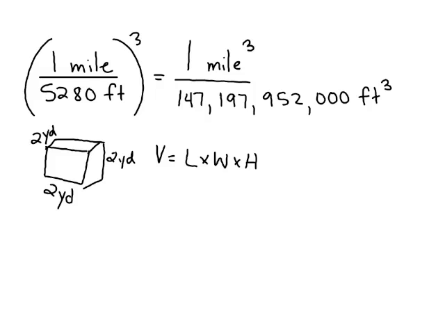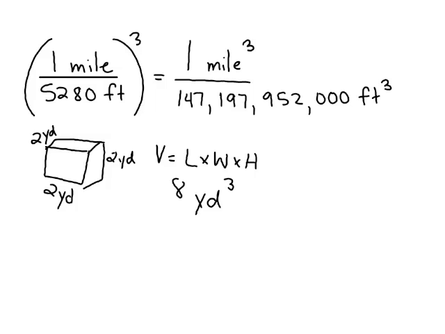So the volume of this cube is 2 times 2 times 2, or 2 yards cubed, which is 8 cubic yards. Okay, they're asking me to find out how many cubic inches. So they need me to go from cubic yards to cubic inches.